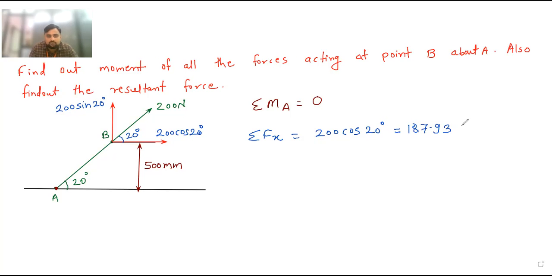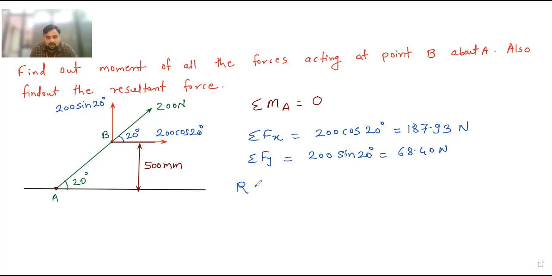Okay, so this is your summation Fx. Now calculate summation Fy. Summation Fy is equal to 200 sin of 20 degree. So how much? 68.40 Newton.